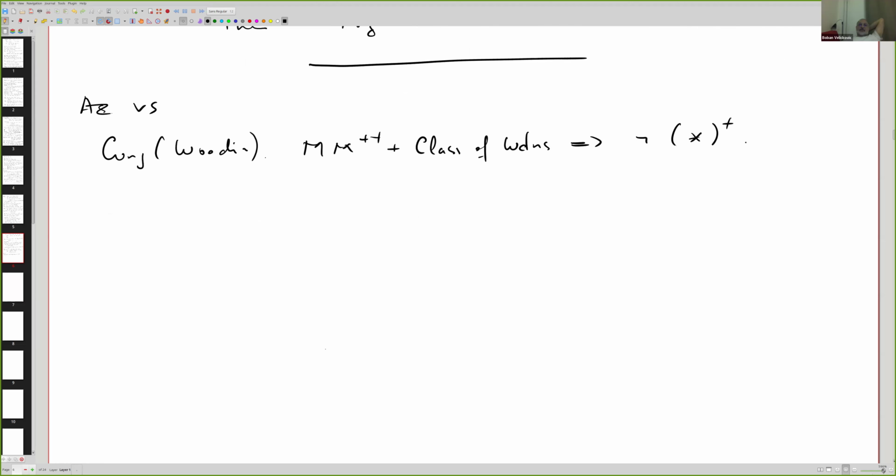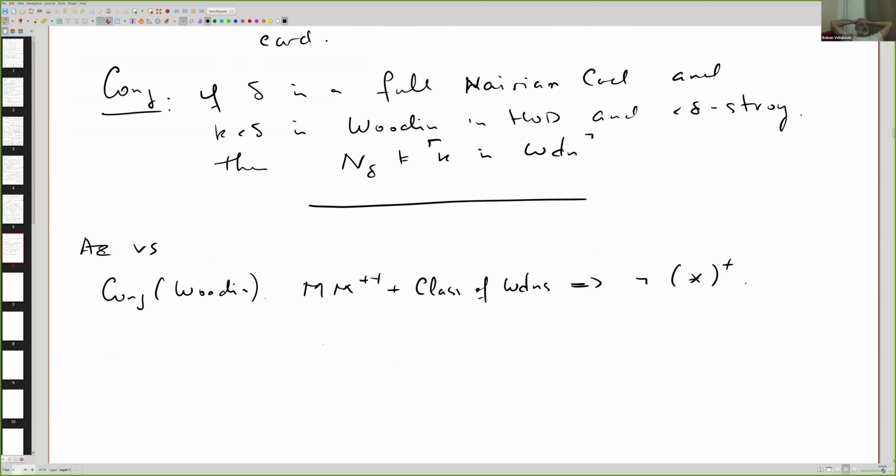Can I say something? Of course. If this is true, there should be some combinatorial consequence of MM++ together with a Woodin cardinal, or class many Woodins, that doesn't follow just from MM++.